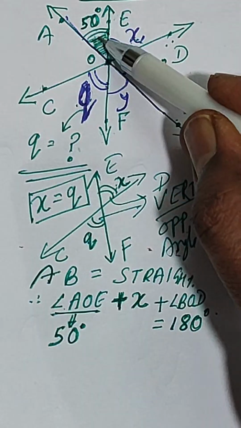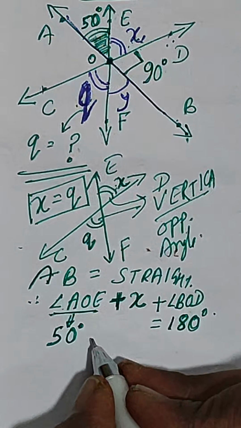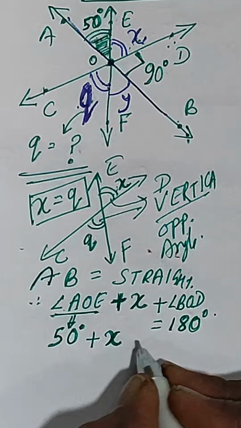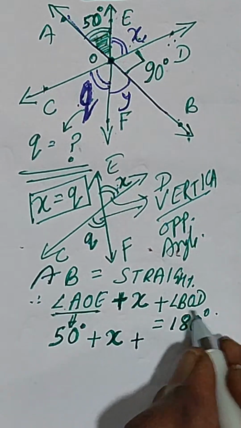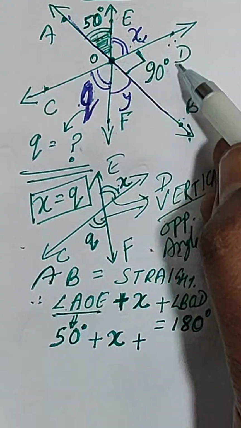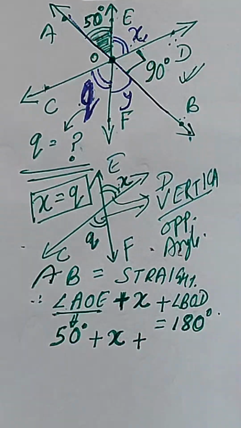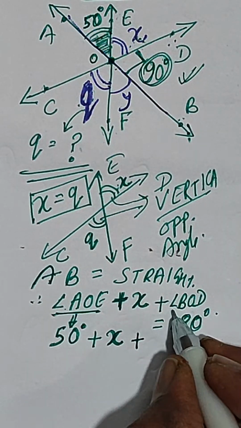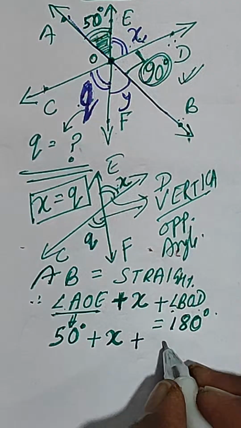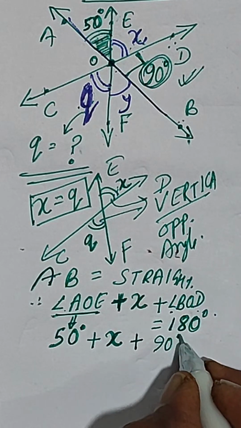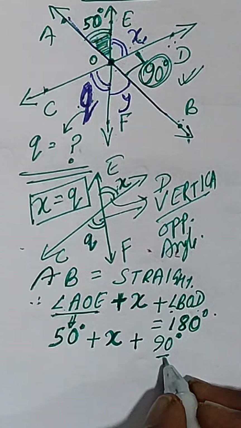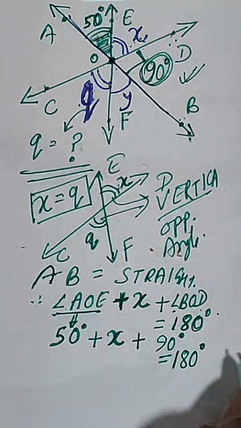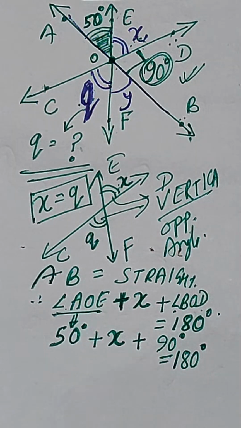And x being a variable, keep it as it is. And BOD is given to you as equal to 90 degree. So just put up the value of BOD over here, plus 90 degree, and all this is equated as equal to 180 degree, right?